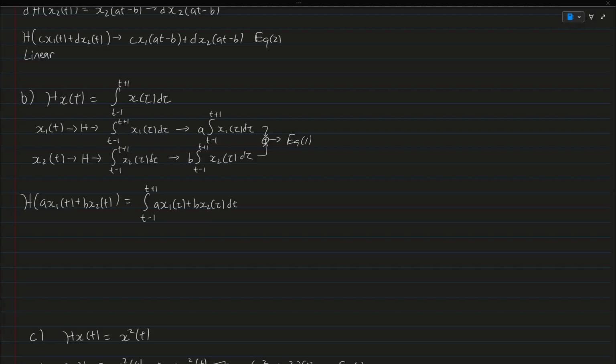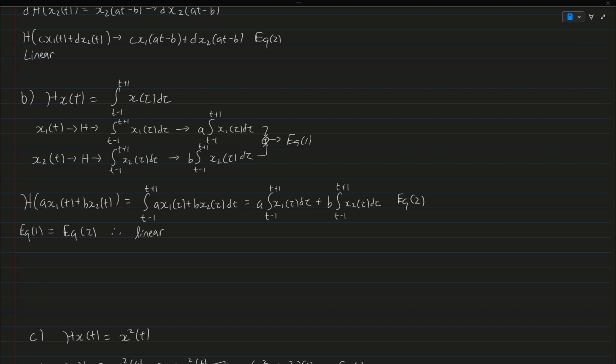From the rules of integration, this can be decomposed into a times the integral from t minus 1 to t plus 1 of x1 of tau d tau plus b times the integral from t minus 1 to t plus 1 of x2 of tau d tau. This is our equation 2, and because equation 1 equals equation 2, it's linear.